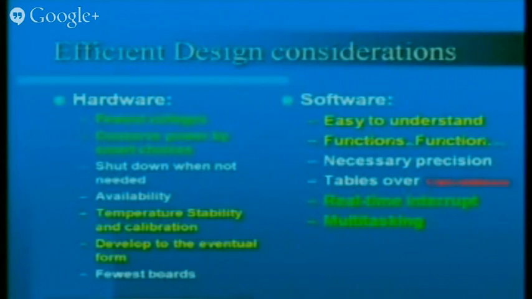What is necessary precision? Necessary precision again has something to do with over designing and under designing. Let's say you need millimeter scale, a very crude example. Why do you want to design a micro gauge? If your requirement is millimeter, why should you go for micrometer?